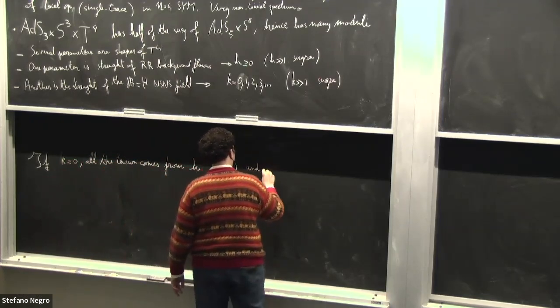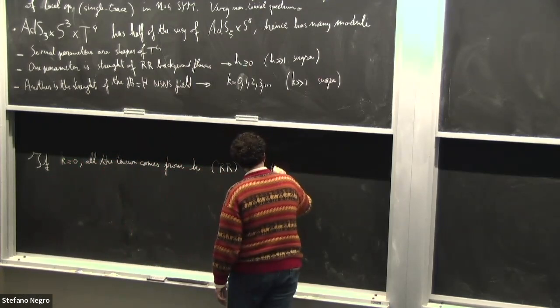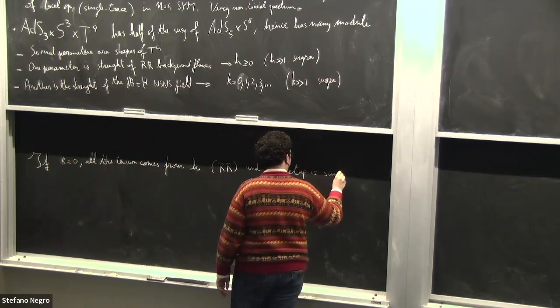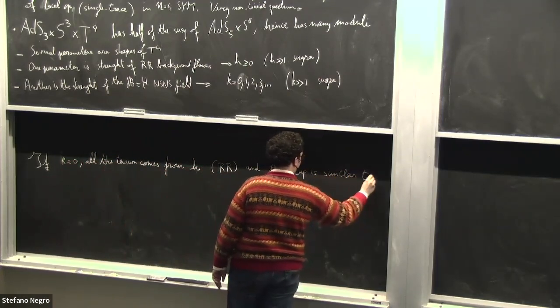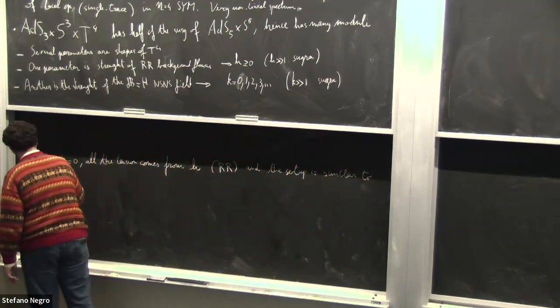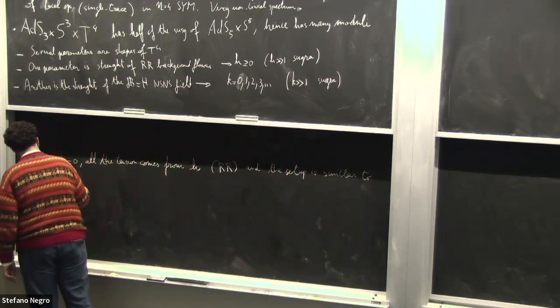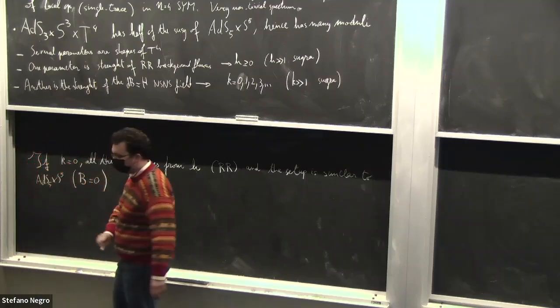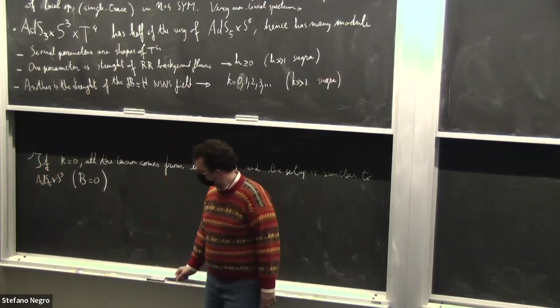And the setup is somewhat similar to AdS5 times S5, because there is no B field at all in AdS5 times S5.